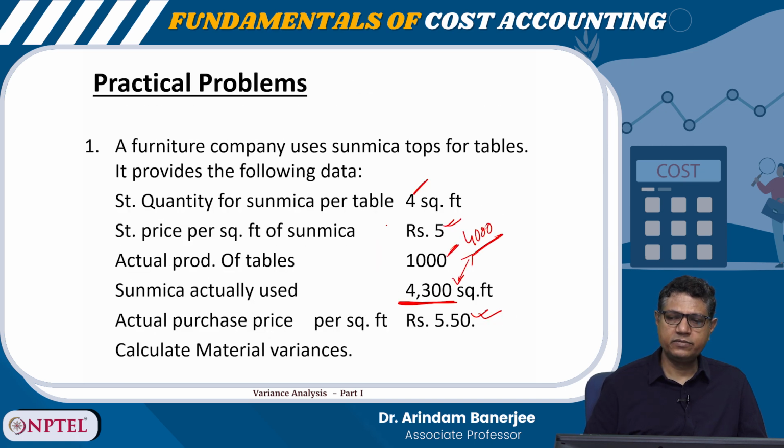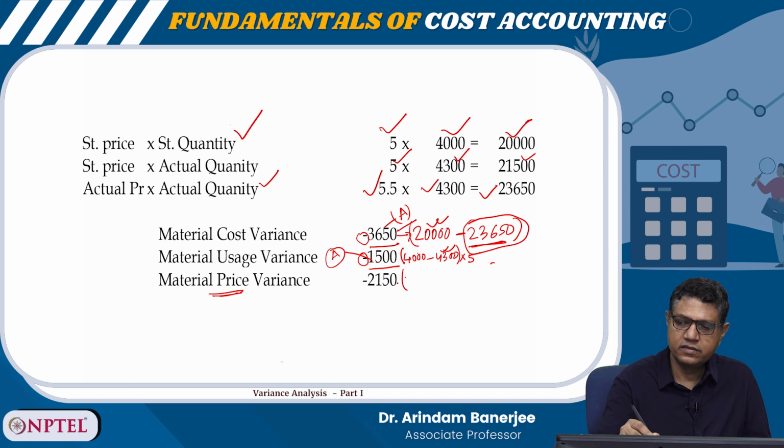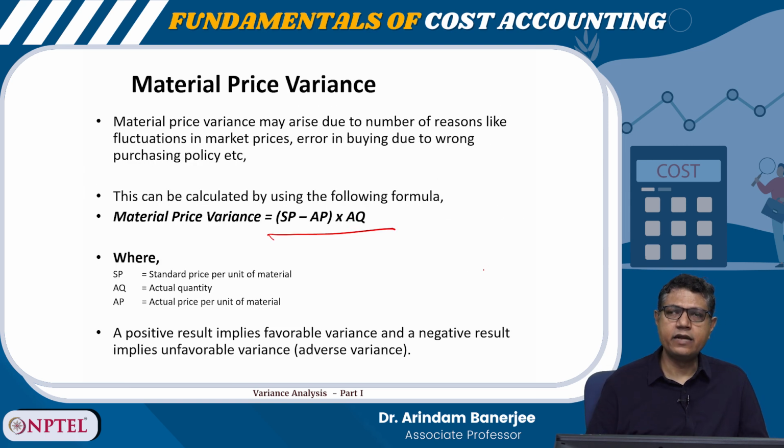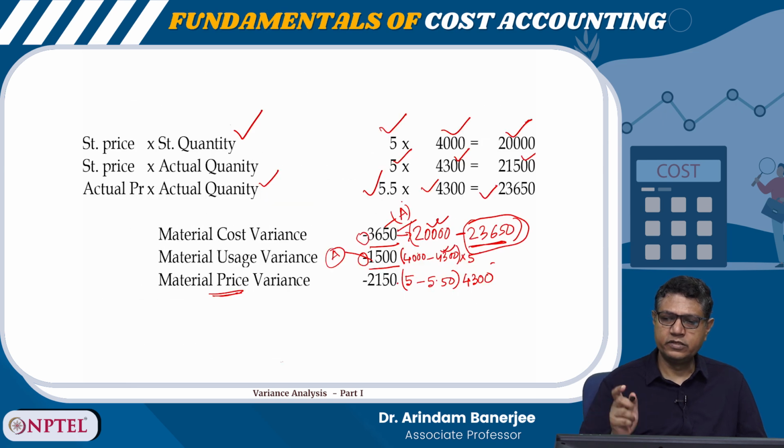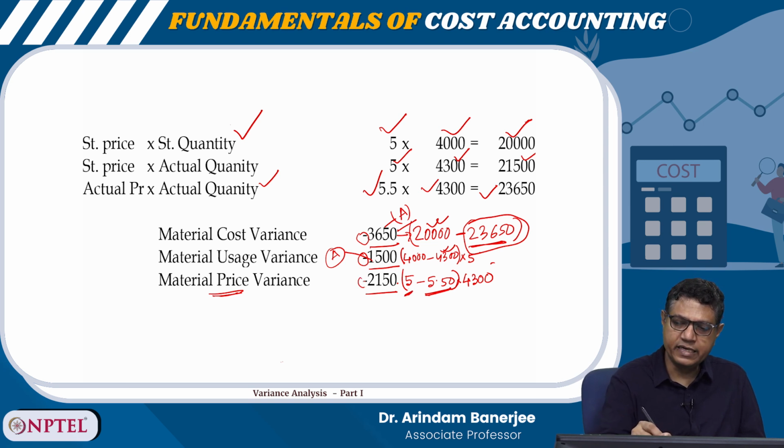If I solve this, it comes to 2150. Is it favorable or adverse? It is adverse, because the actual price is more than the standard price. So it is minus, and this is an adverse variance.